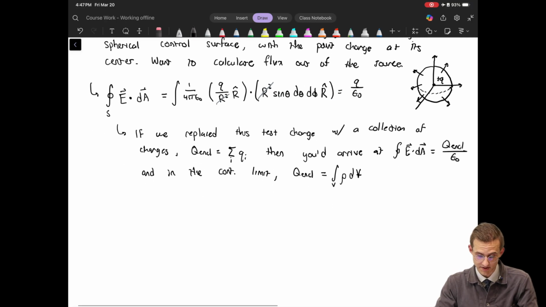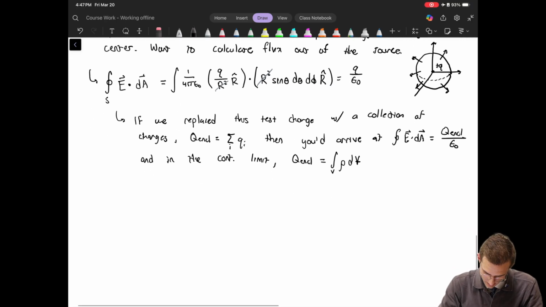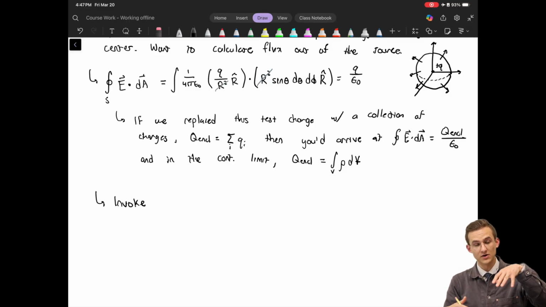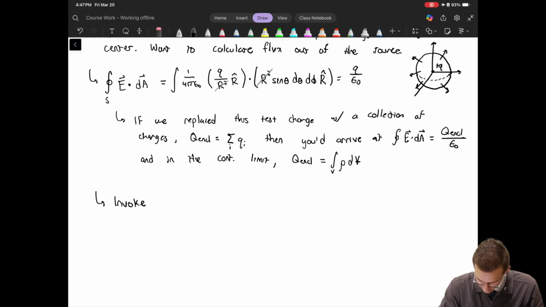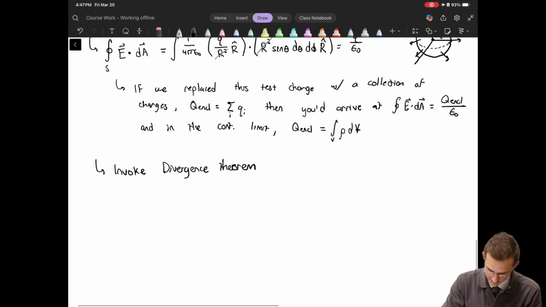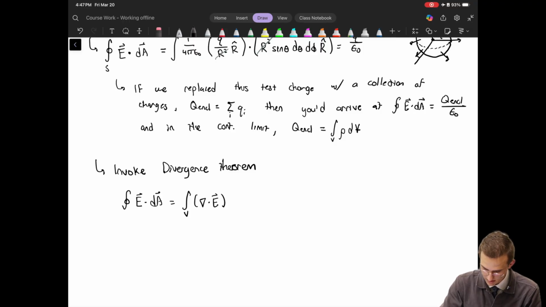Now we can invoke the divergence theorem. We can rewrite the closed surface integral of E dot dA as the volume integral of the divergence of E dV. And we just found out that that's equal to 1 over epsilon naught times the volume integral of rho dV.